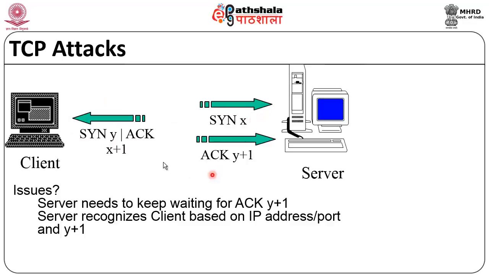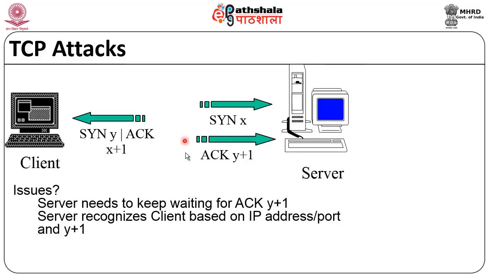This is the normal process before the actual connection is established between the server and the client for browsing, email or anything. Any kind of application will definitely use TCP as one of its transport layer protocols for establishing a connection. So here it is a normal way of communication between the server and the client.